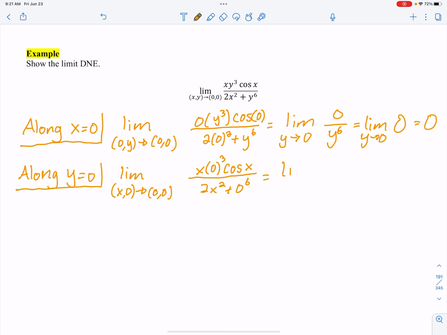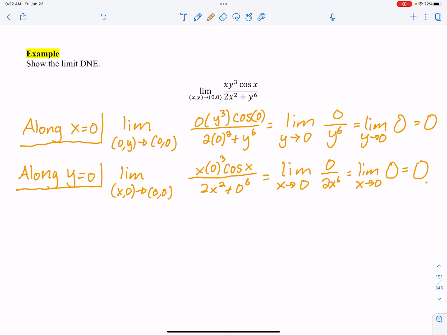All right, so I got the limit, I can drop my y's because they're not there anymore, as x goes to 0. We get a 0 on top and a 2x squared on bottom. That is the limit as x approaches 0 of 0, which is 0. Okay, cool. We gain nothing from that. But we do want to try that every time, because if they're different, we just chose the easiest path to show that. Now, like above, we were wanting to match powers.